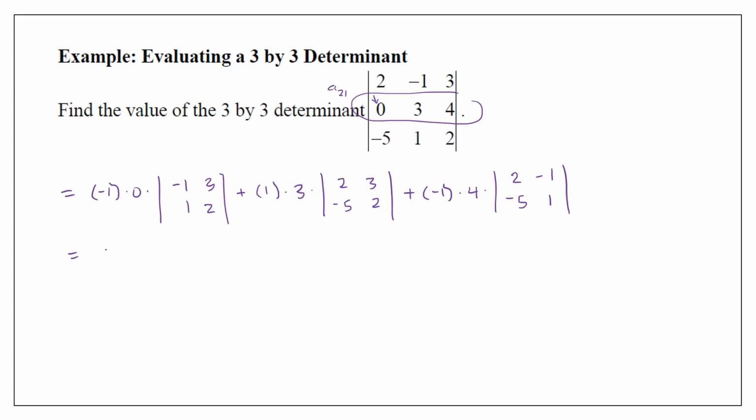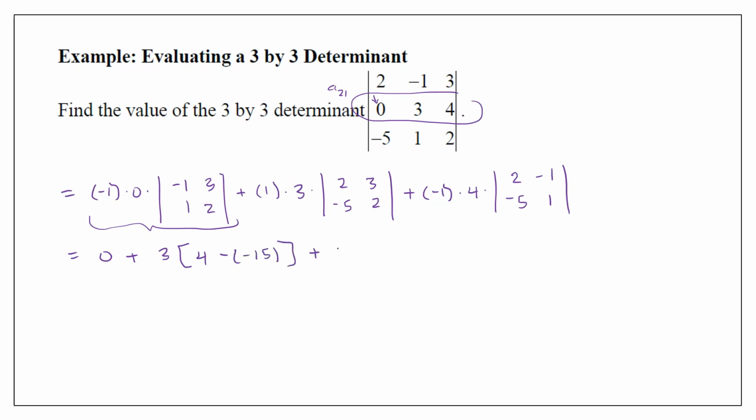This first term is being multiplied by 0, so we know this whole entry is going to equal 0. The next one, we are going to add 3 times the determinant, which will be 2 times 2, which is 4, minus 3 times -5, which is -15.